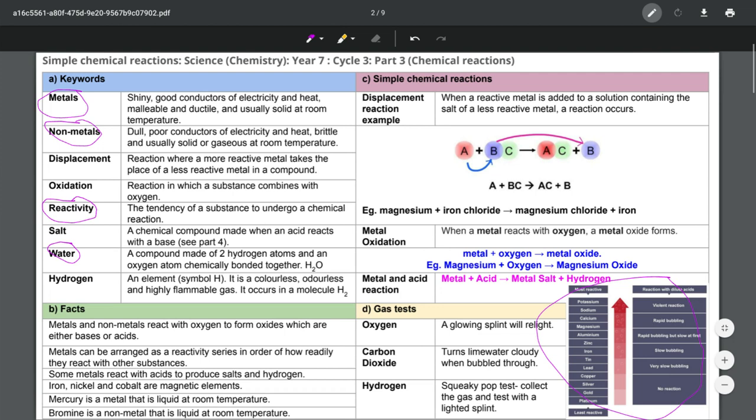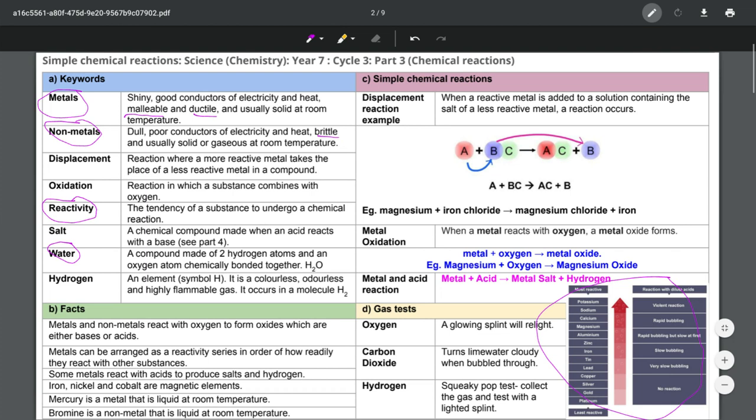So just a note on this, there's some words here, things like malleable, ductile, brittle, that you may not know, and I'm going to go through those words in this session, so hopefully you will know what those mean at the end. But it's really important that you start to come back to this knowledge organizer.